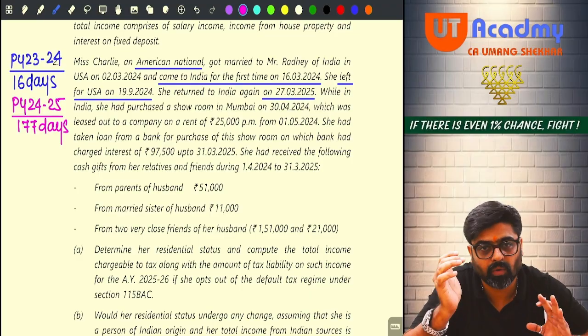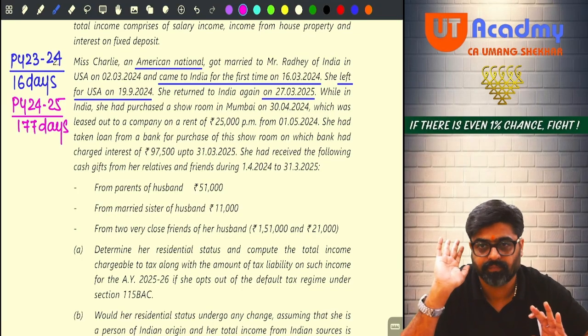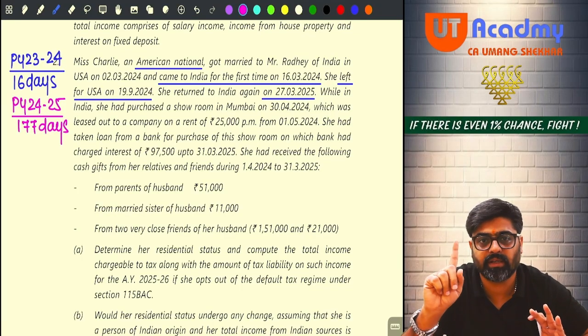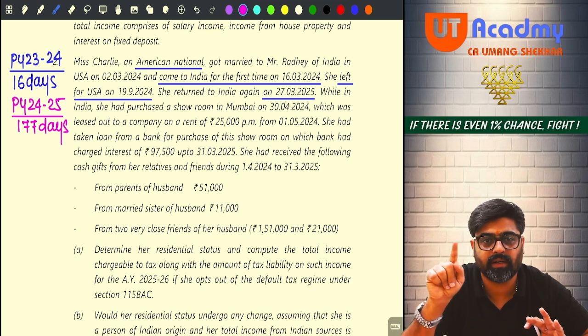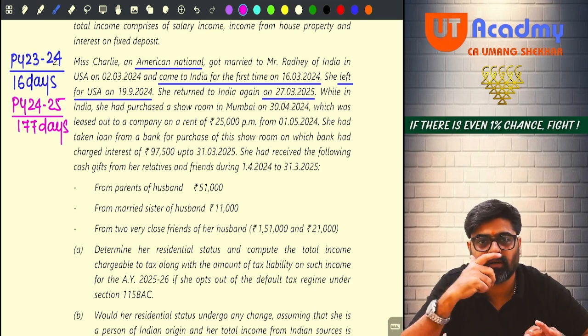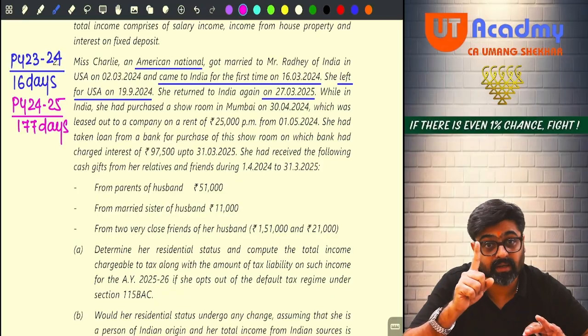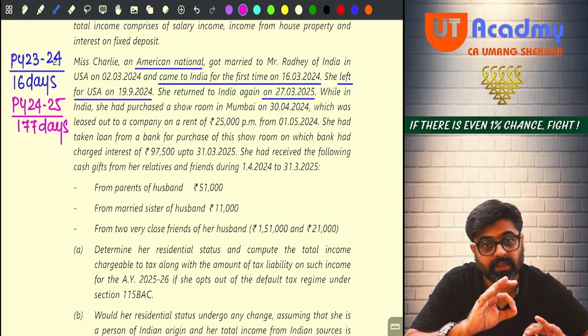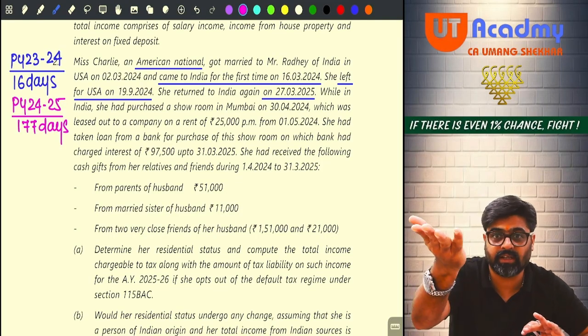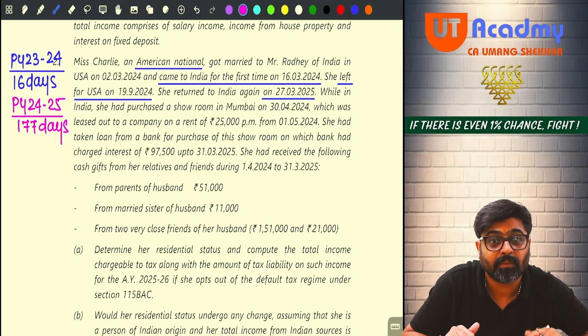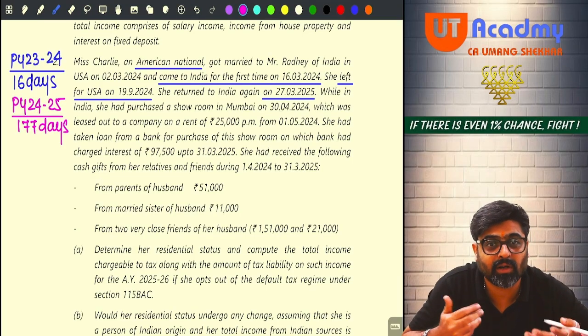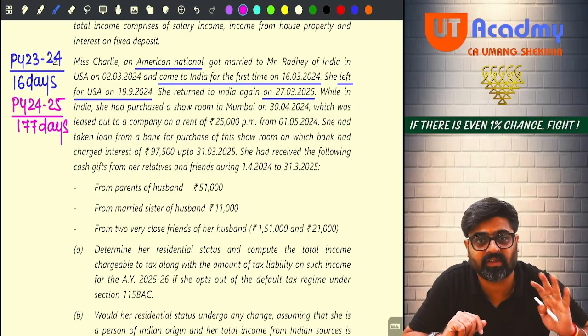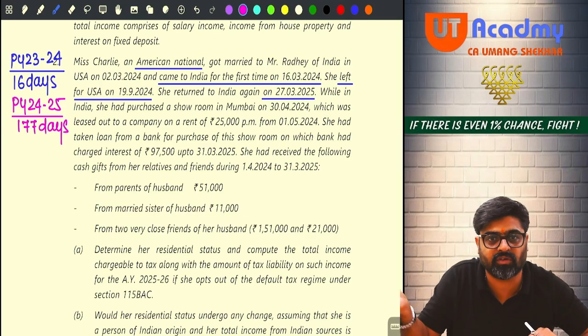We have to check both the basic conditions. Okay. Basic condition A, stay should be 182 days or more, less than 182. Basic condition B also applicable. Stay should be 60 days or more. Yes sir, 60 days or more, 177 days. But last 4 years stay, not more than 365. Last year only 16. Prior to that 3 years, 000.